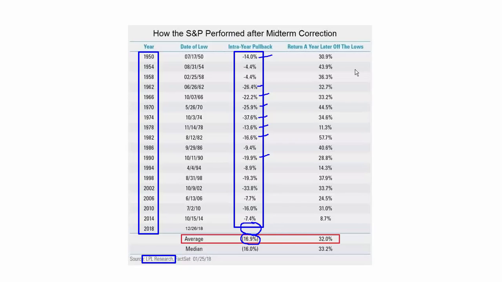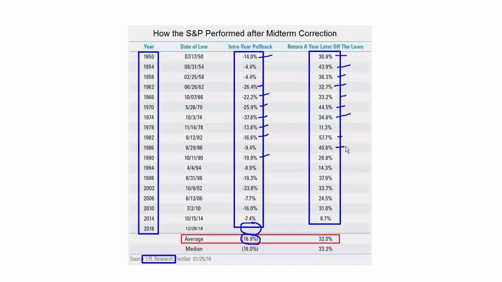But there's a light at the end of the tunnel. There's a little bit of hope, because the year following the midterm year low tends to be huge. Going back to 1950, you got up 31%, up 44%, up 36%, up 33%, 33%, 44%, 34%, 57%, 40%.